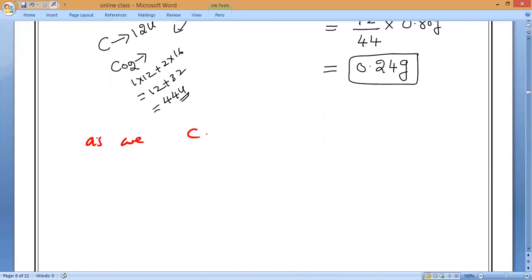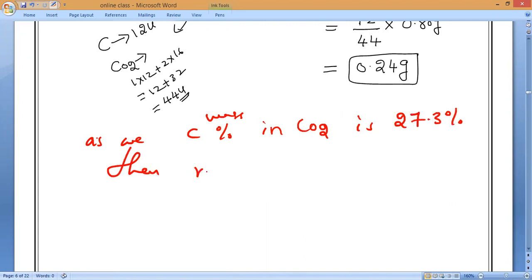As we know, the carbon mass percentage in carbon dioxide is 27.3 percent. Then the mass of carbon is 27.3 percent of, meaning into, the total mass.